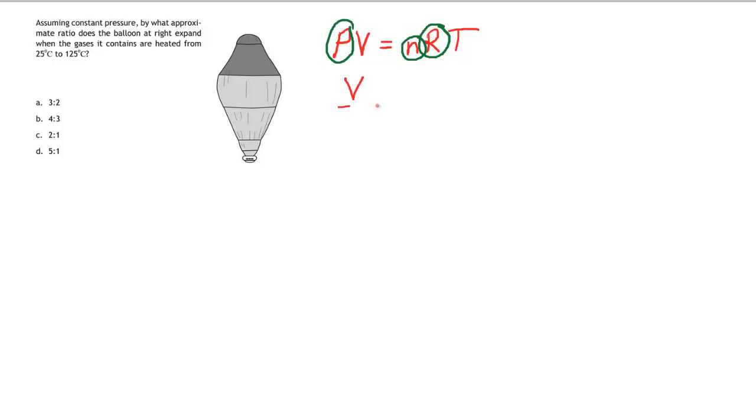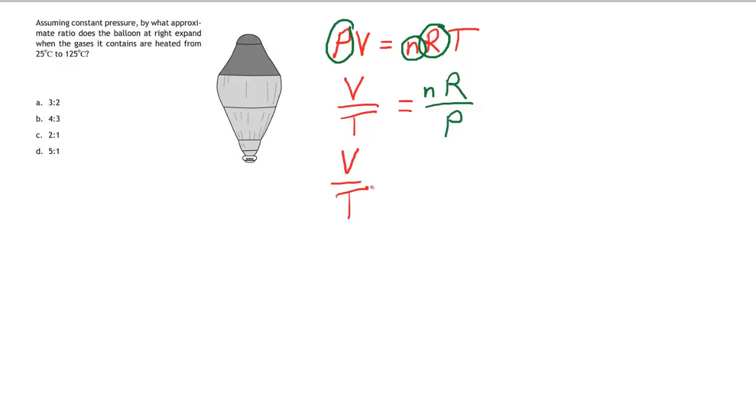Dividing both sides by T, I get V over T, and putting all my constants on the right, nR over P. So I get volume divided by temperature. That ratio is a constant. So here's what we're saying.